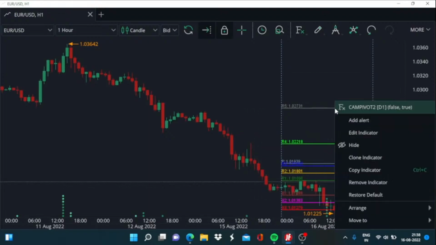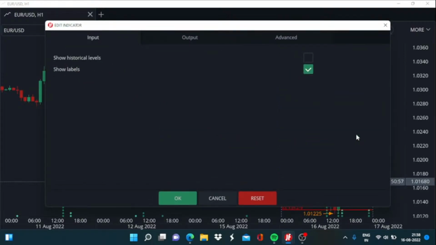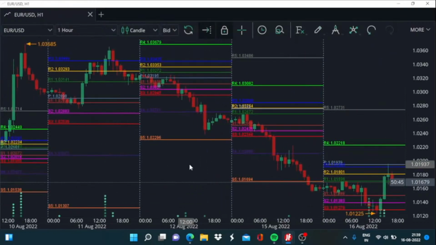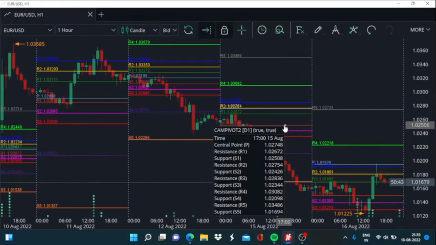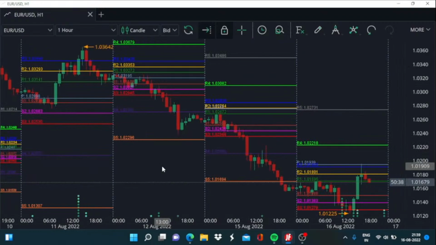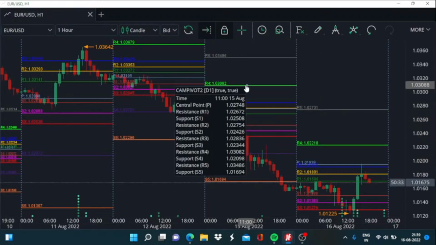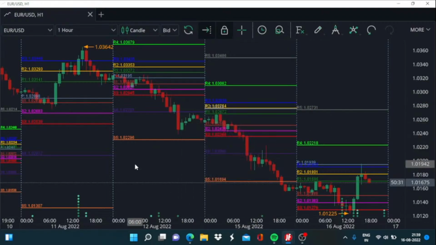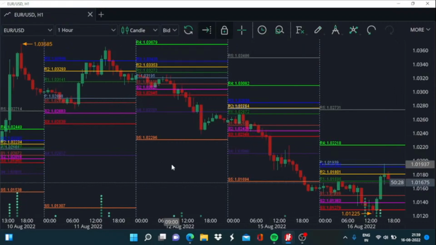Now let us consider the editing options available to us for this indicator on the JForex 4 platform. Now here you can see that we don't really have any historical levels plotted, but if I opt for this, then we will get the Camarilla pivot points plotted for all prior days' price formation, so we get a good idea of how the price has behaved with respect to these pivot point formations, whether it has respected the support levels or it has not.